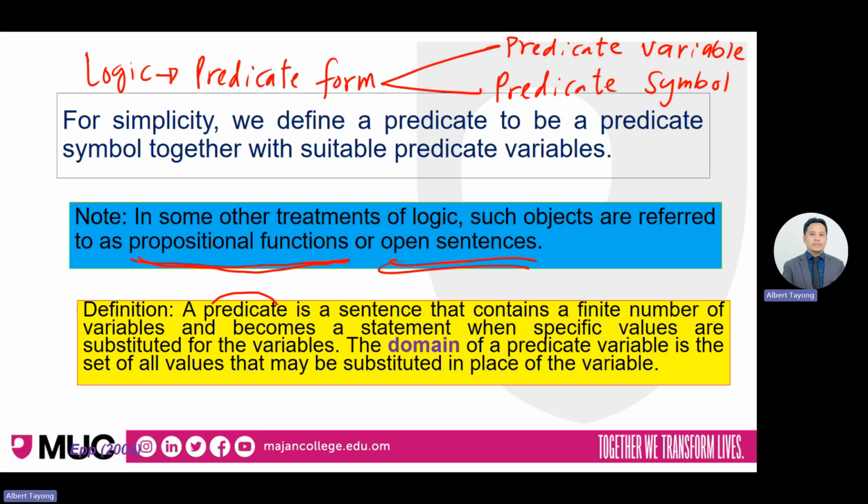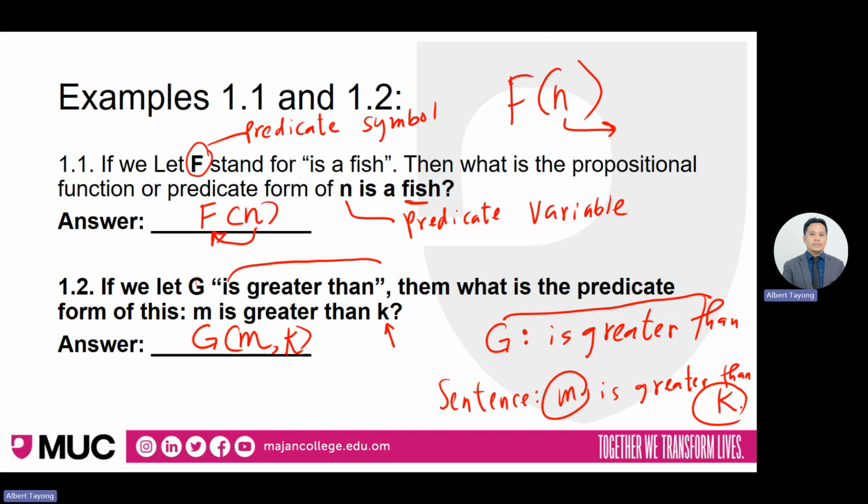Here, when we talk about predicate, we are talking about the whole sentence, a predicate form actually. It's a sentence that contains a finite number of variables. It means you can count. And it becomes a statement when specific values are substituted for the variables.